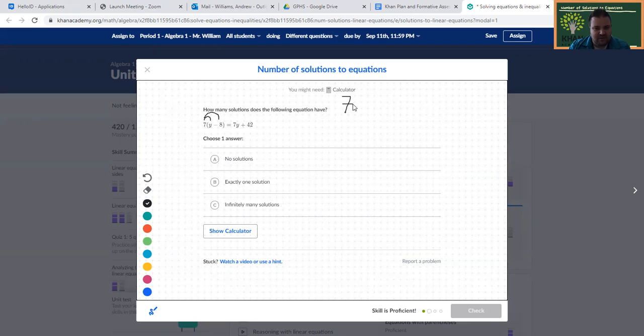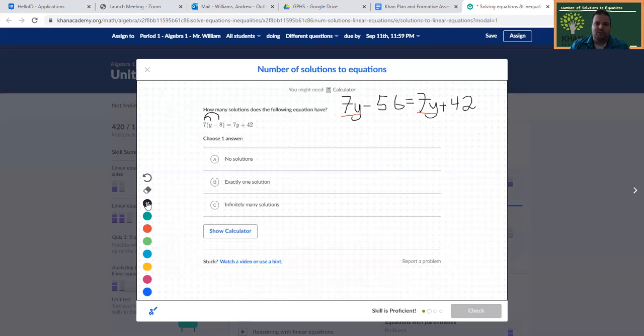We have 7y minus 7 times 8, that's 56, equals 7y plus 42. Notice how this time we don't have the exact same thing on both sides of the equation. This is something different. On the left side, we don't have the exact same thing as the right side, but there is something in common. Notice there's a 7y here and a 7y there.